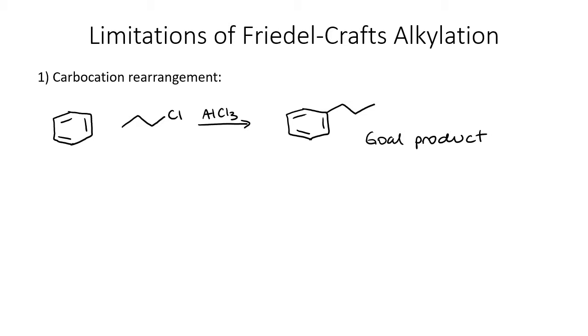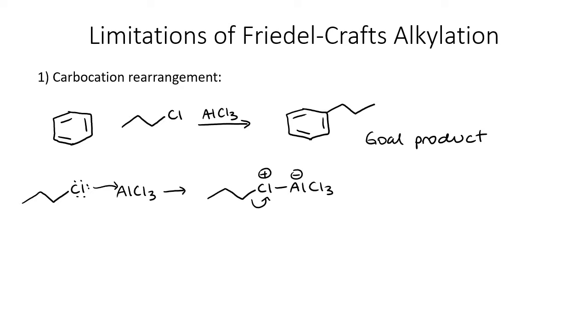So for this mechanism, we would take the alkyl halide, react it with our Lewis acid, aluminum chloride, and form our Lewis acid complex with a negative charge on aluminum, positive charge on chlorine.